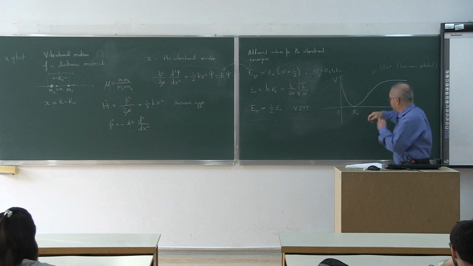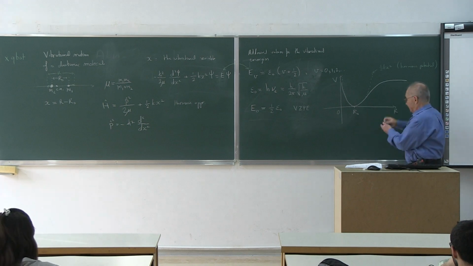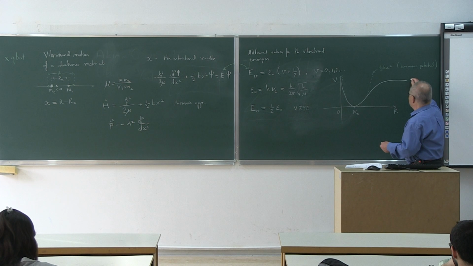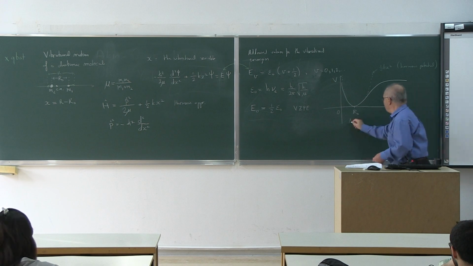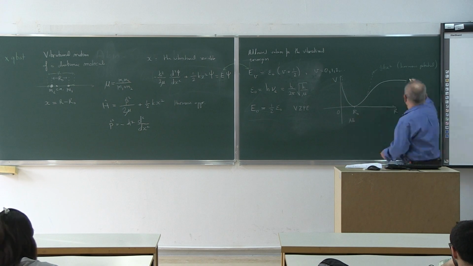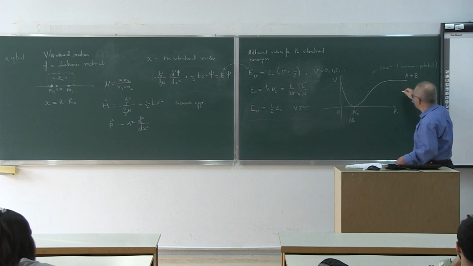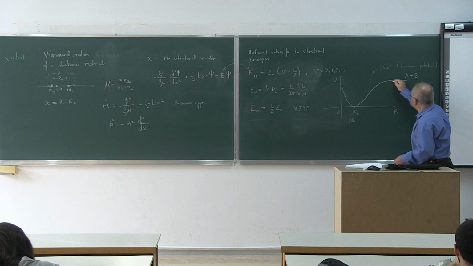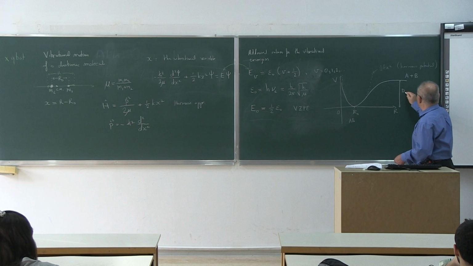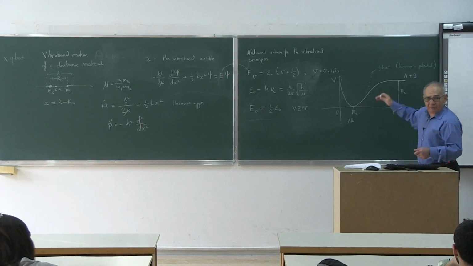So, now, this is molecule AB, this is A plus B, dissociated. Now, this difference we had defined as dE.